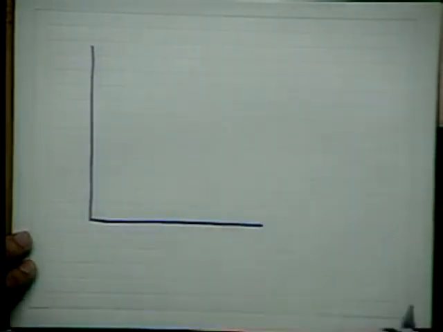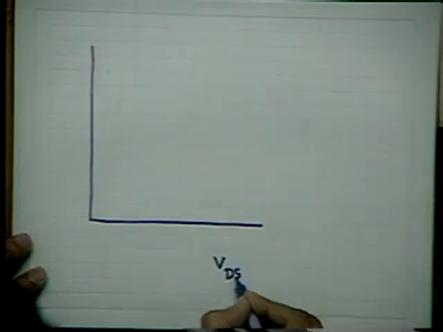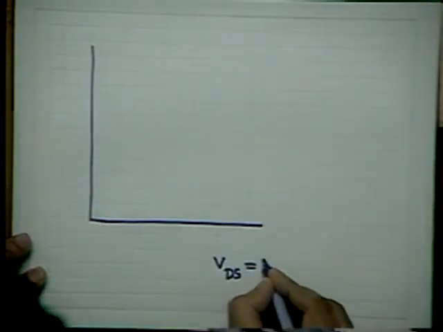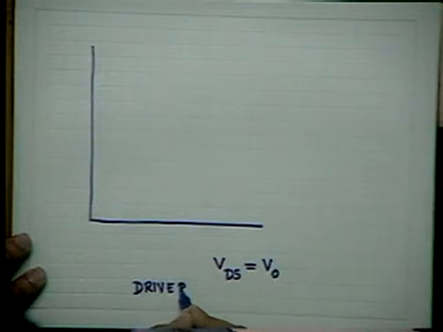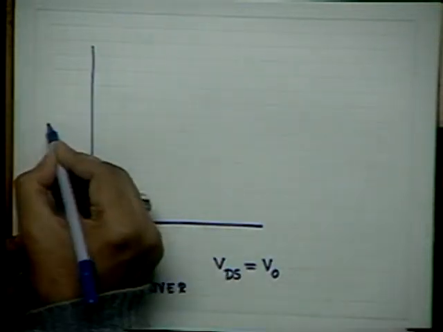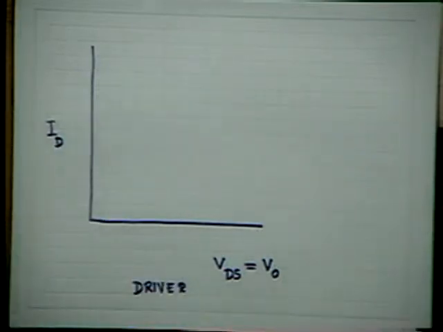Let me first draw the VDS, which is nothing but VO for the driver, and this is the ID of the driver, and we shall assume that IDD, and that I shall write.